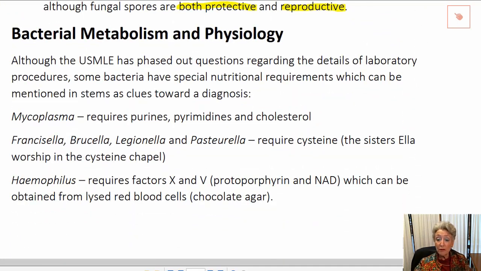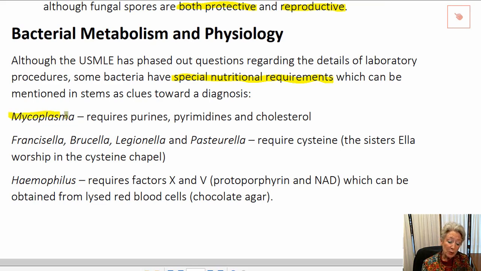Now, as I told you before, the USMLE has phased out questions on laboratory techniques. But remember, some of the special nutritional requirements that bacteria or other creatures have can be mentioned as clues in a case history to give you an idea that they're thinking about one particular pathogen over another.